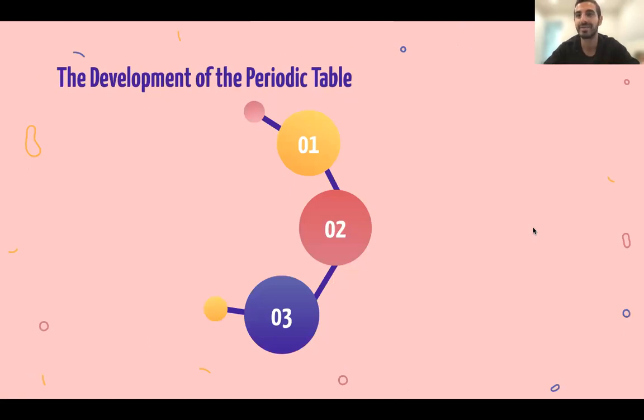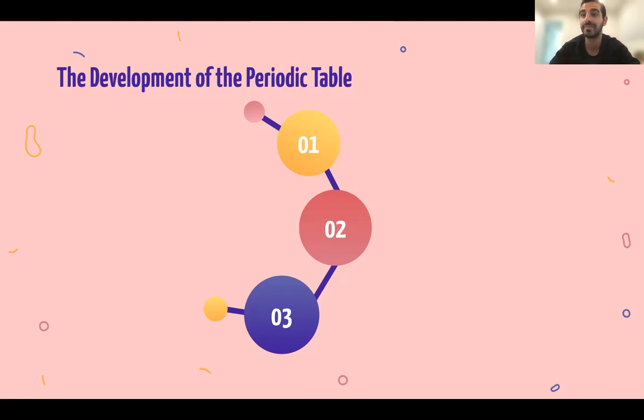So how did the periodic table become the periodic table? There were elements known before there was a periodic table, like hydrogen and oxygen, and they actually had names. And you're going to do some research on elements to find out how they're named and why they're named the way they are.